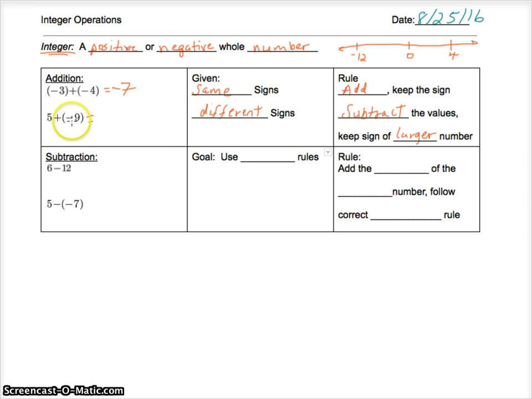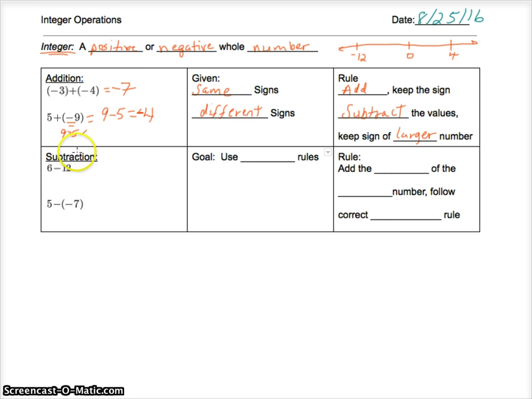So what this looks like is I'm going to perform 9 minus 5, which is 4. And how do I know which sign to use? I've got to keep the sign of the larger number. 9 is bigger than 5, so it's negative 4.